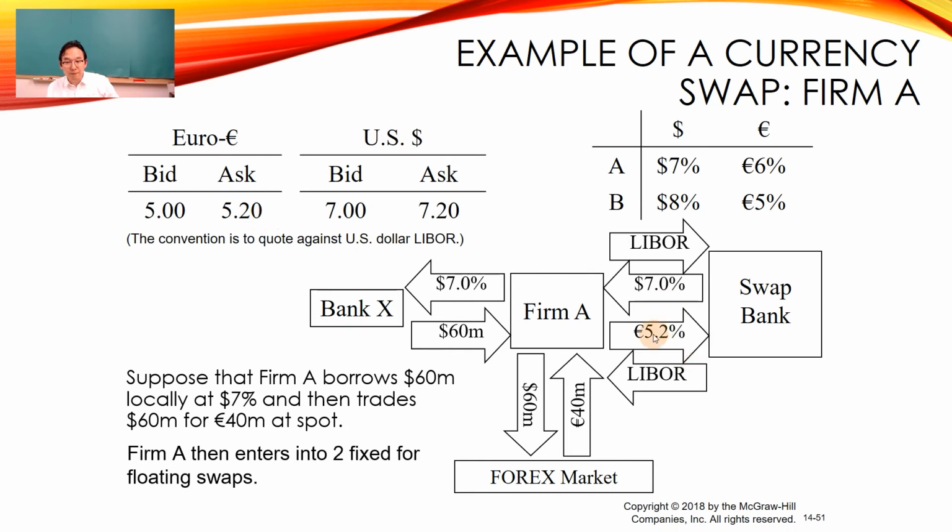In exchange, respectively, you have a counterbalancing LIBOR-based floating rate contract established with this swap bank. Firm A then enters into two fixed-for-floating swaps, one for euro, the other for US dollars. In any case, they will cancel each other out because the LIBOR is designed to be the same.